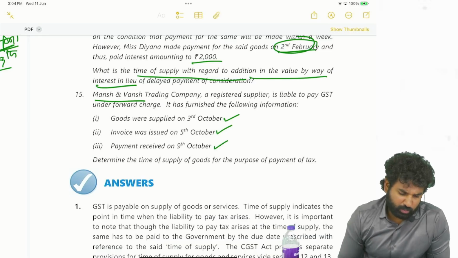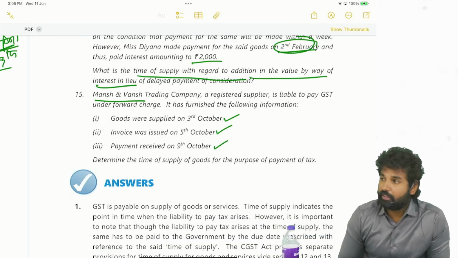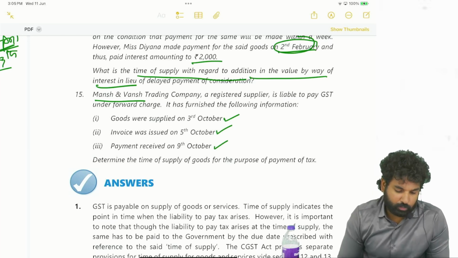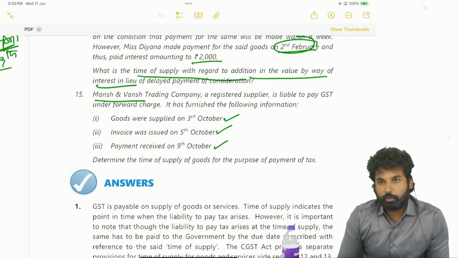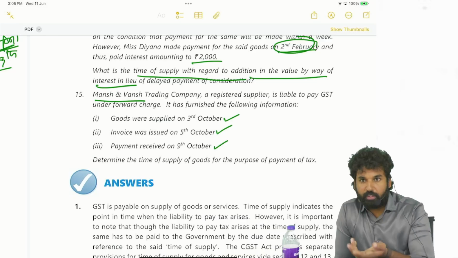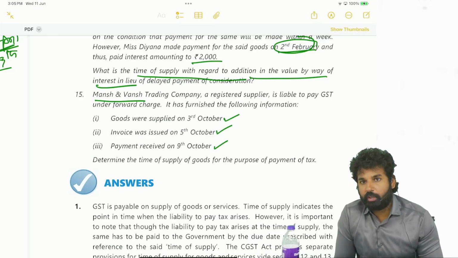See, these are goods, correct? When does the invoice have to be issued? These are goods. Invoice shall be issued on or before the date of removal or on or before the date of delivery.